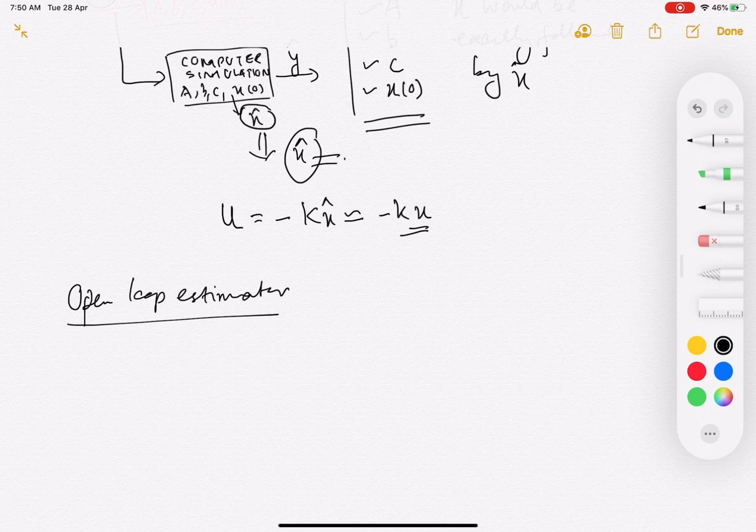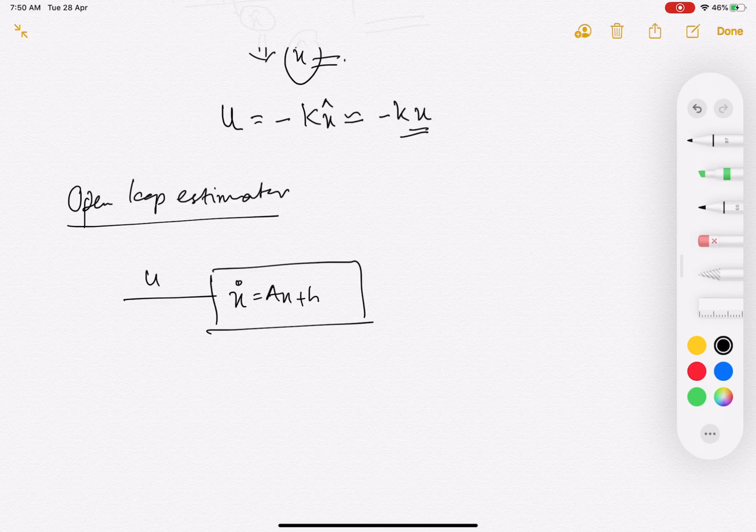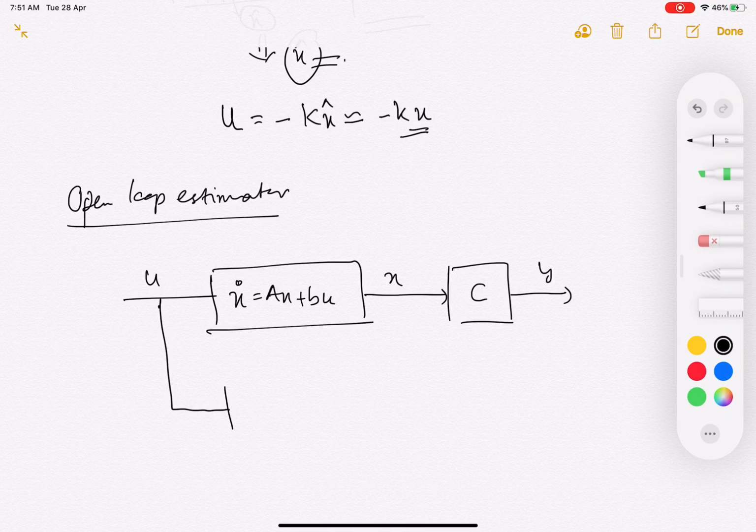So basically this is called an open loop estimator. The better way to draw this is something like this. You have an input going into a dynamic system, x dot = Ax + Bu, and you get x out of this, multiply this with C, get y. This is your plant.